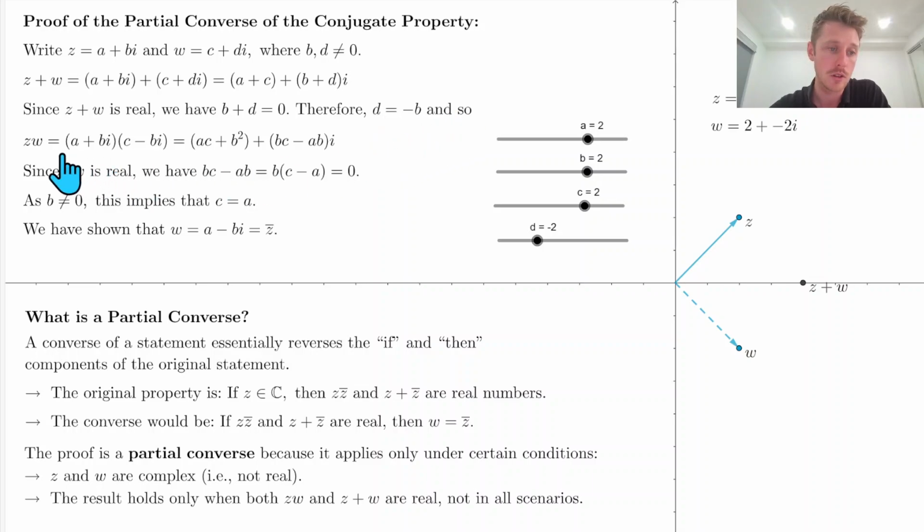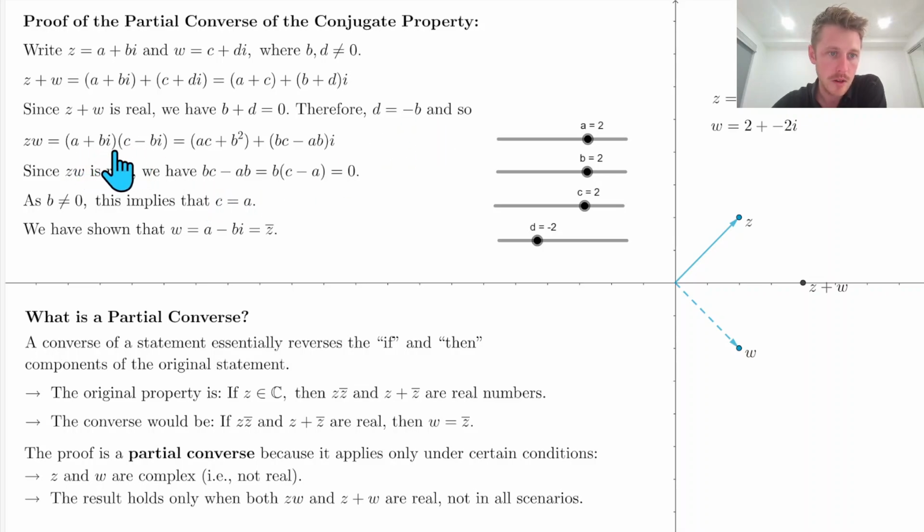And so when we multiply them, we also know from the previous property that we'll get a real number. So we take a plus bi multiplied by c minus bi. So zw, where z is a plus bi and w is c plus di, however d is negative b.